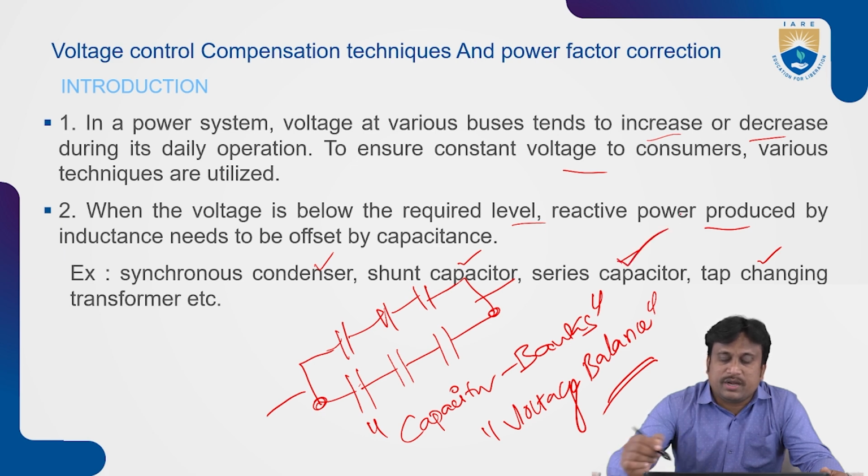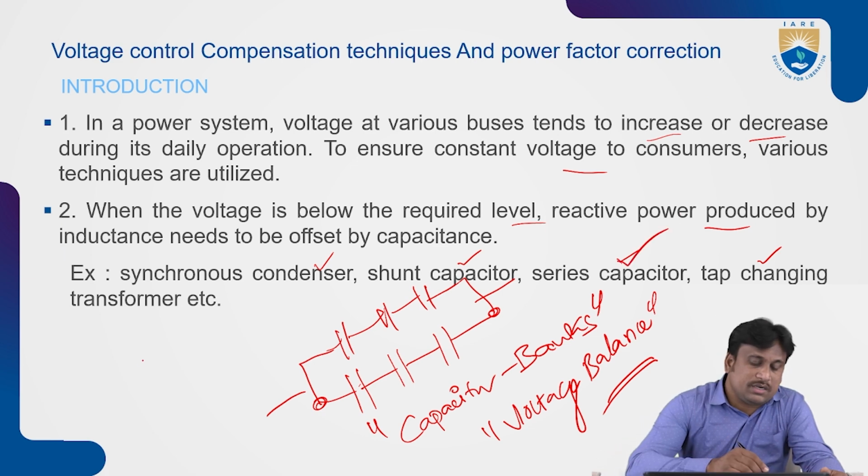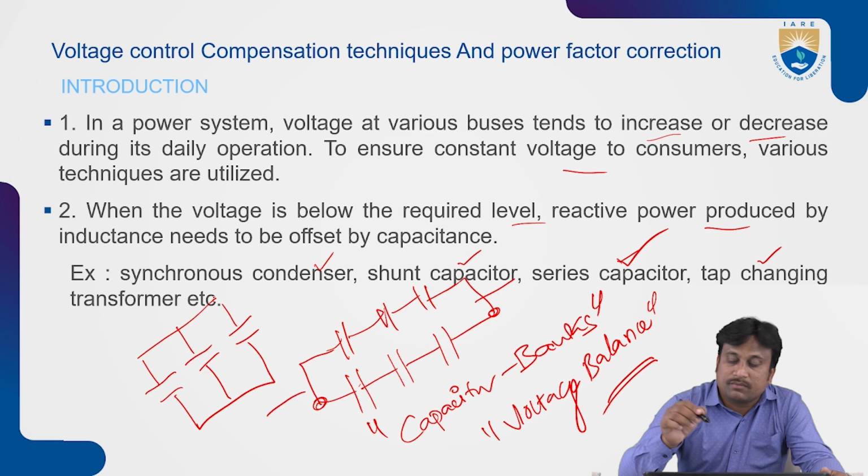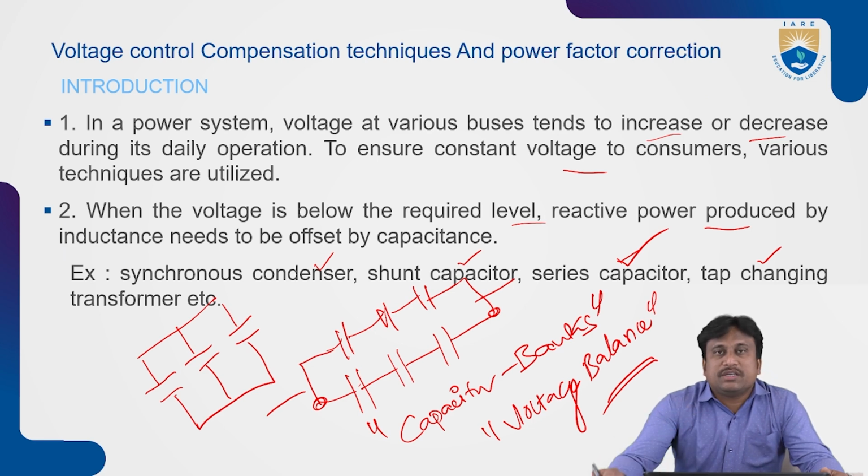And we also treat a series capacitor. Shunt capacitors and series capacitors provide a suitable combination. Tap changing transformers can regulate the voltage to the required level. Usually we provide step-up transformers at generating stations.